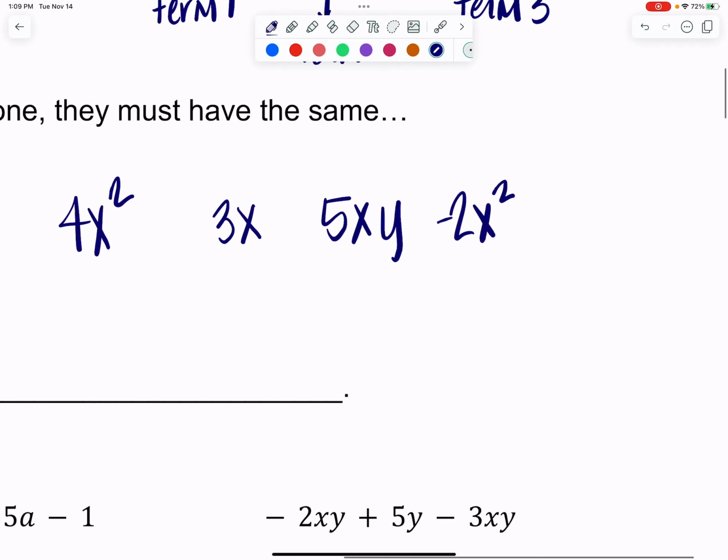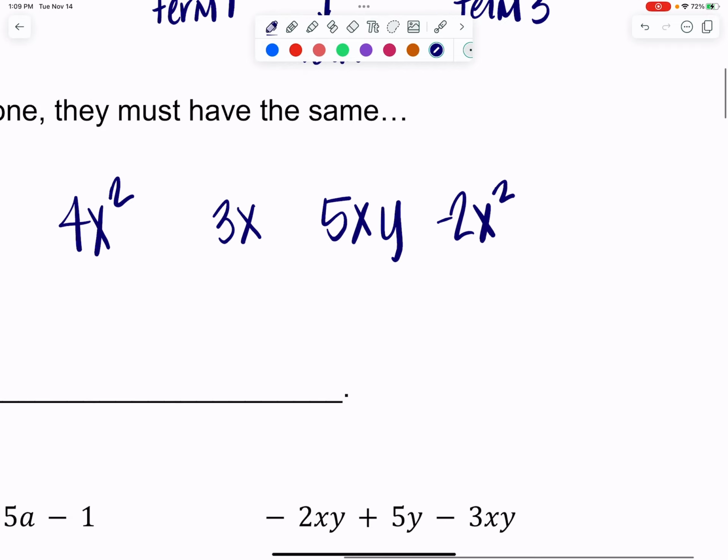they have to have the same variable. So this one has an x, this one has an xy. Those are not the same variables. So these two cannot be combined.